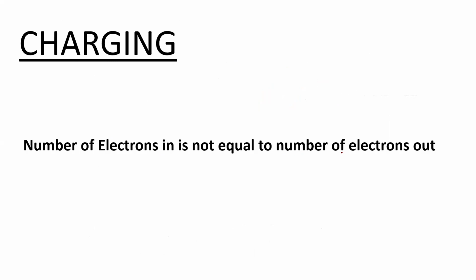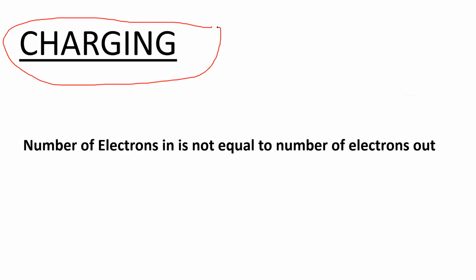This is called charging, and it negatively affects the quality of the resulting image. In order to prevent charging, many SEM samples are coated with a thin layer of metal.